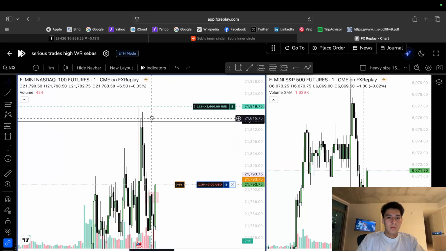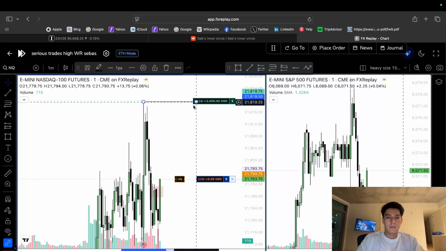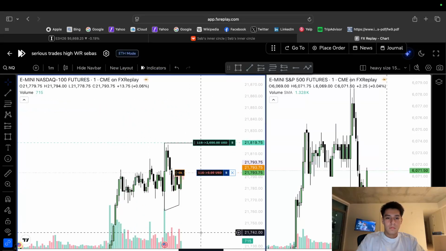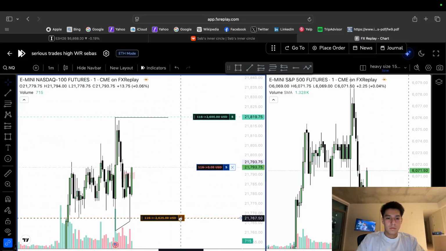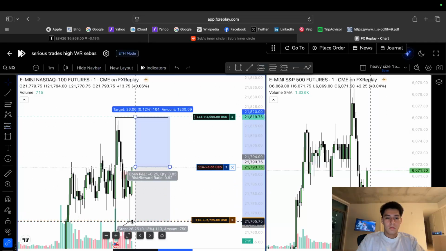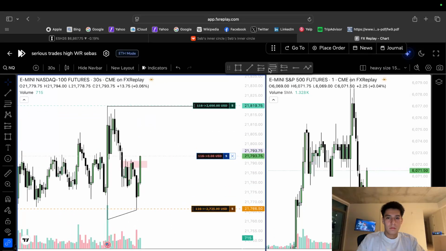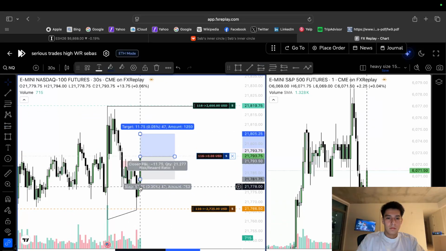Alright, boom, data high is right here. I'm not asking for much. It's pretty much just a 1-to-1 trade here, off the 30-second. Like this closure.